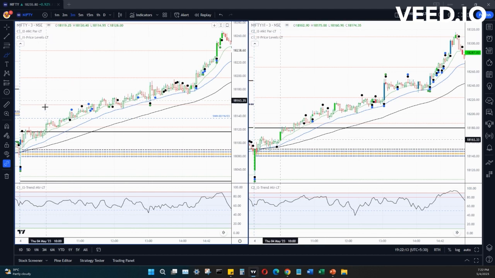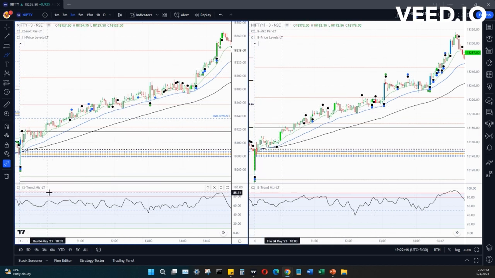They are not available out of the box in any charting platform. So the locations indicator has the key locations, like I've discussed about what these locations are, right? And then we do have the participation as represented by these dots. So we have three dots: the blue, green, and the black, right?